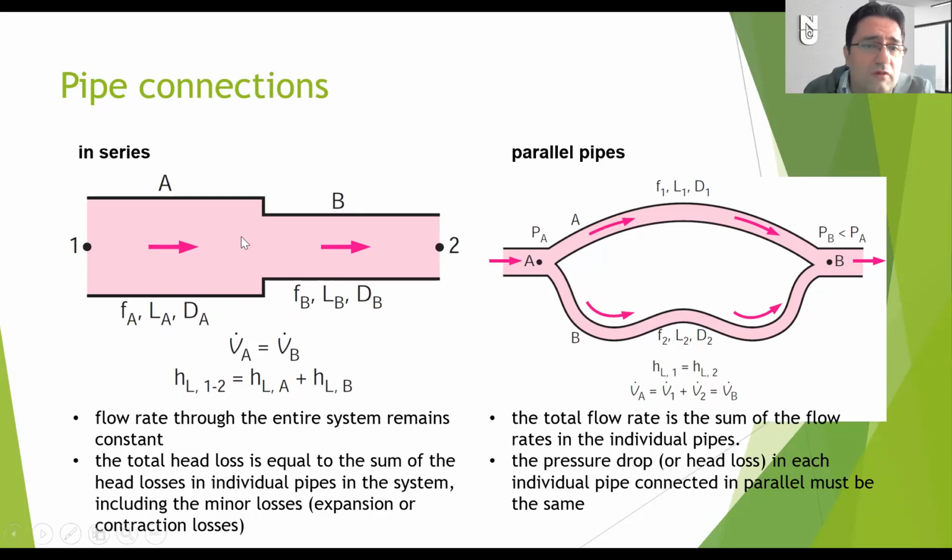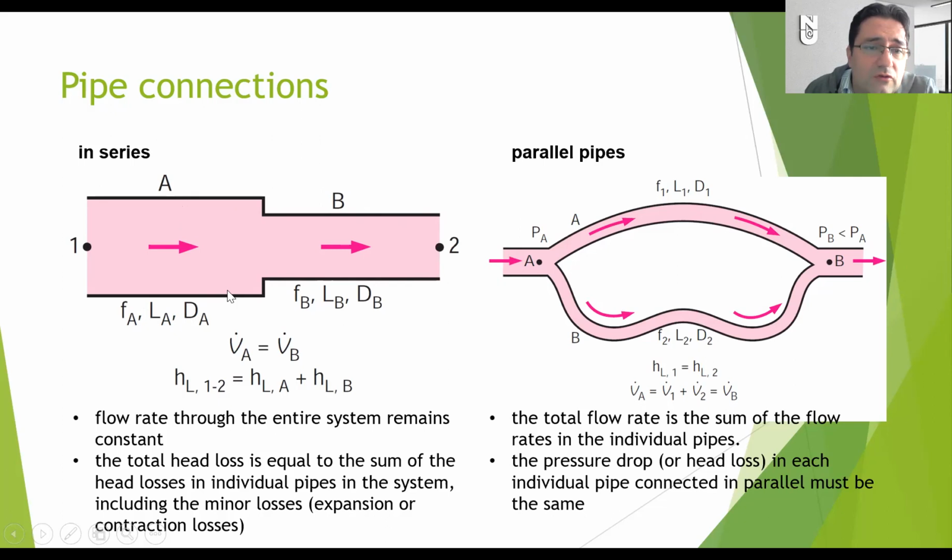In this case, you make some pipeline connections in series, like given on the screen on the left side. The type of materials are typically selected as the same material, however it could be different. So you may assume that the friction factors are going to be different for pipe A and pipe B, and the lengths, LA and LB, are most probably different, and the diameters are also different.